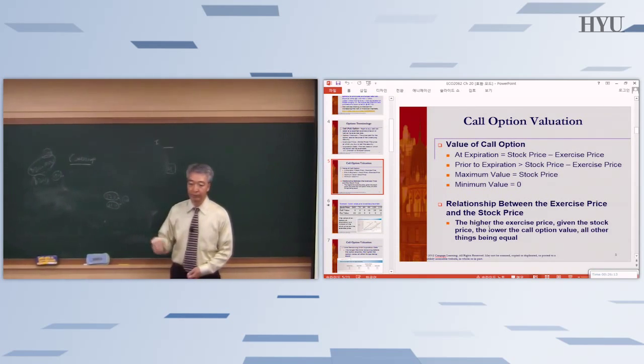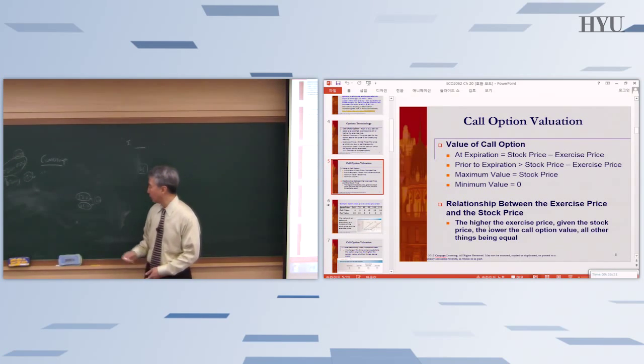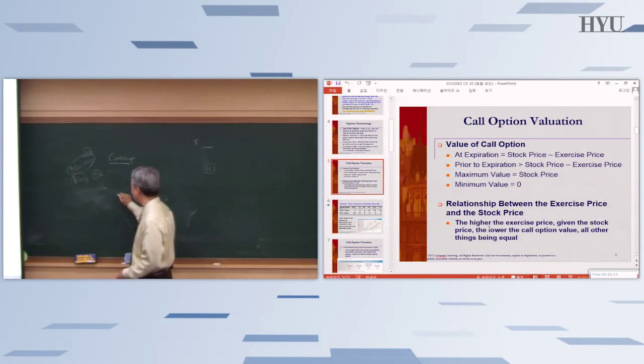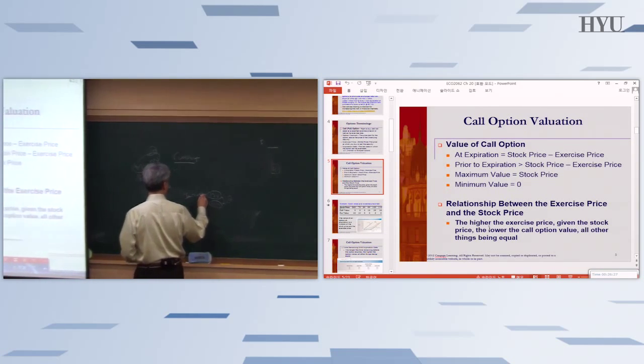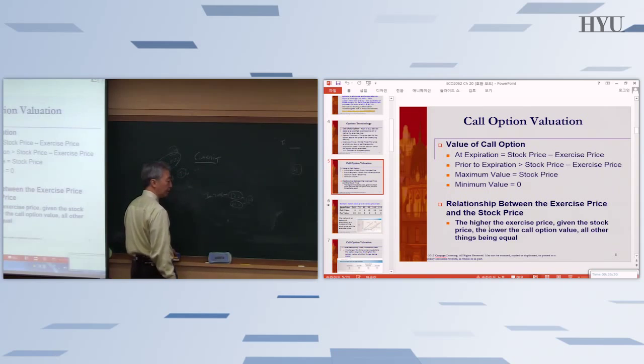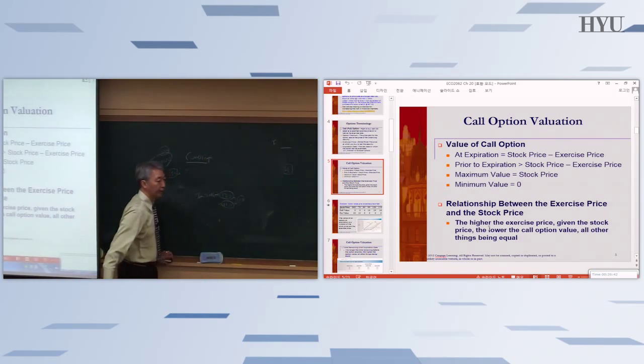Expiration is February, but today is January 2016, and the current price is $120, right? You're thinking about purchasing the February option at a strike price of $110. How much should I pay? So right now the difference is $10, okay?